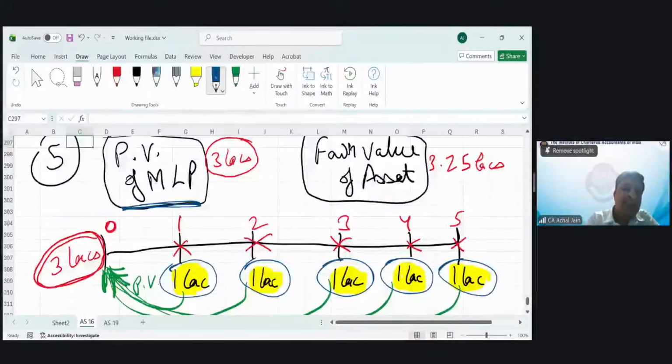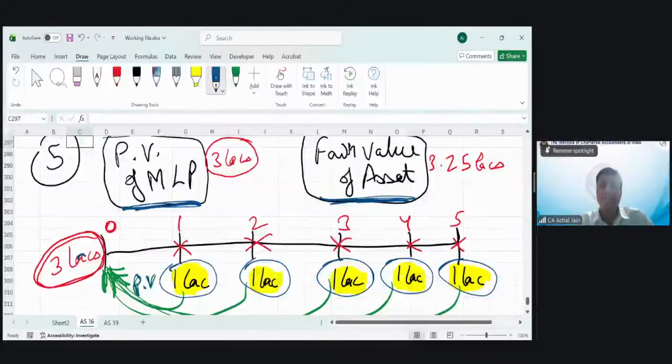You will calculate the present value of that. Let's suppose that amount comes out to 3 lakhs. Again, don't get into the calculation; only for example, I have kept it as 3 lakh. Let's suppose you have done the discounting and the present value comes out to 3 lakhs. Now this present value of minimum lease payments needs to be compared with the fair value of the asset.